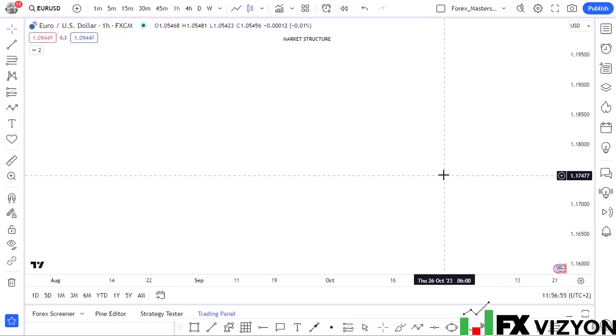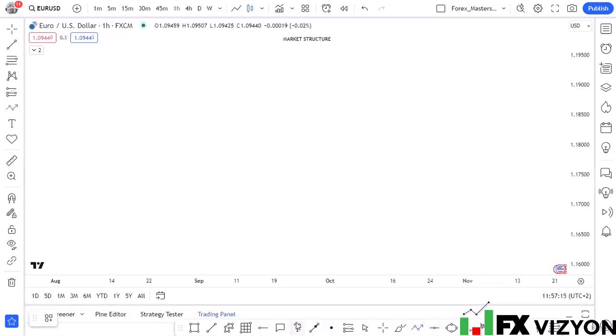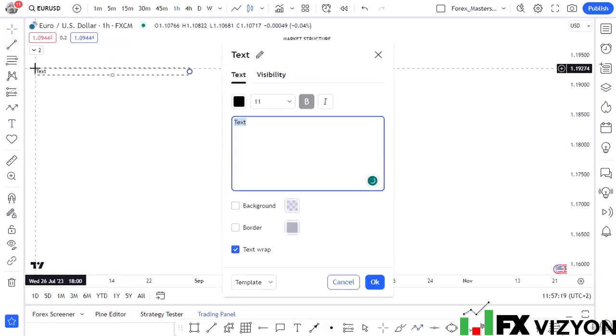We need to understand that any market, whether it is forex, stocks, metals, commodities, or cryptocurrency, has a structure. And the structure of the market is made up of only two moves. If I tell you the market is made up of two moves, you'll be thinking, what are those moves?